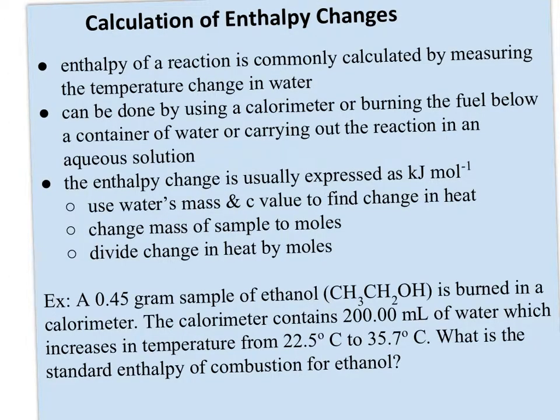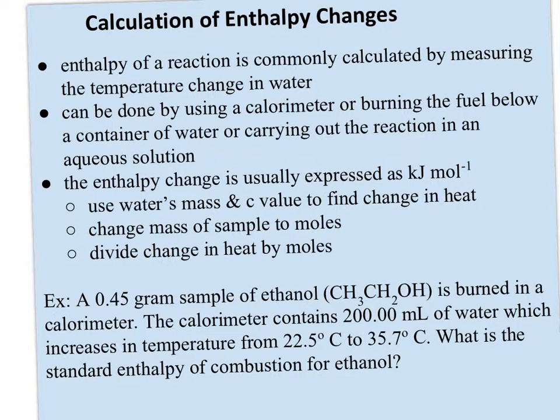So the enthalpy change of a reaction is commonly calculated by measuring the temperature change in water, and this can be done if the water is part of a calorimeter, either surrounding it or above a burning fuel, or if you're carrying out the reaction in an aqueous solution, like if you're doing a solvation or a neutralization reaction. So then the enthalpy change is usually expressed as kilojoules per mole when you're all done, with it being per mole of product that you're interested in.